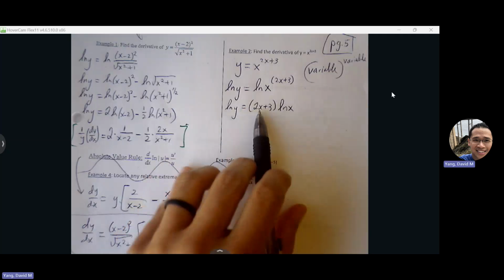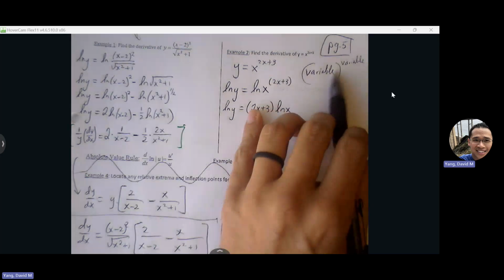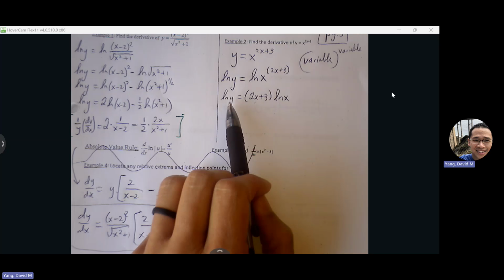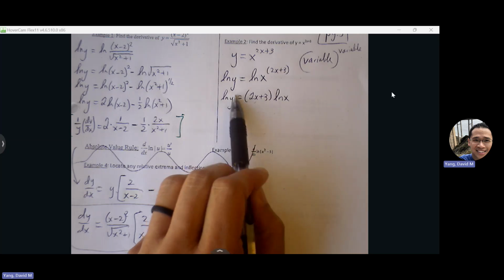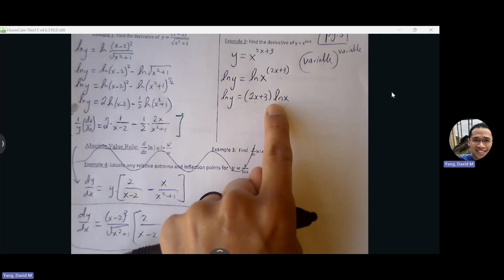So now that our exponent is down, we no longer have a variable raised to a variable, which was problematic before. But if we want to find the derivative here, obviously implicit, just like before, what do we need to do on the right side?